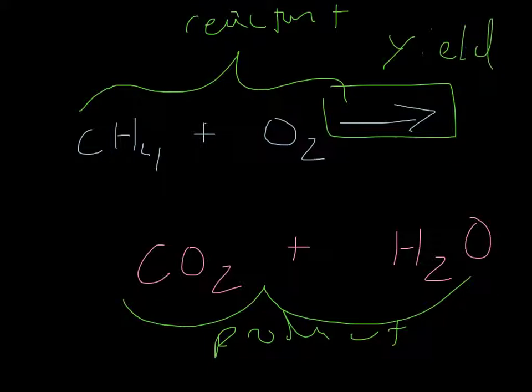Well, it's going to happen in a couple steps. So first, let's just assume, it's another color, I'll try yellow. Alright, so there's one molecule of methane. Methane's really easy because there's only one carbon and 4 H's.